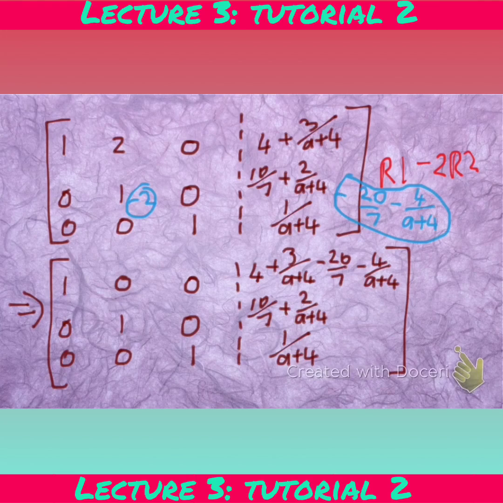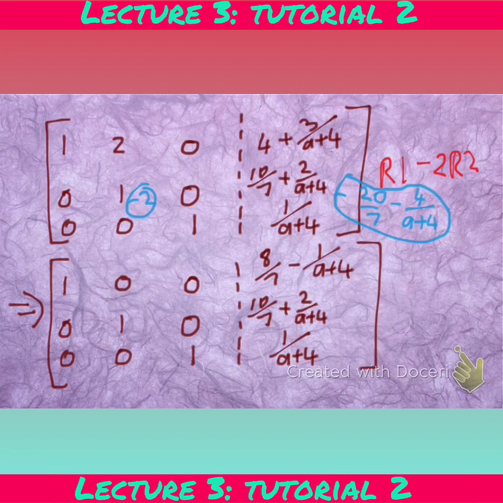From here we can now, by inspection, read off the values for x, y, and z respectively. Taking just the last term in the first row and simplifying it, we get 8 over 7 minus 1 over a plus 4.